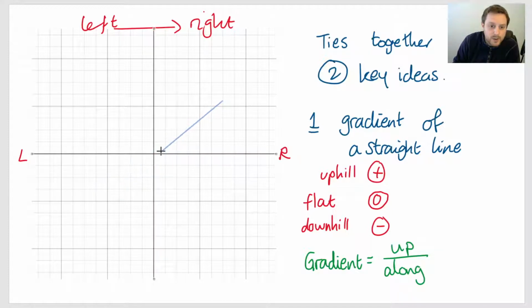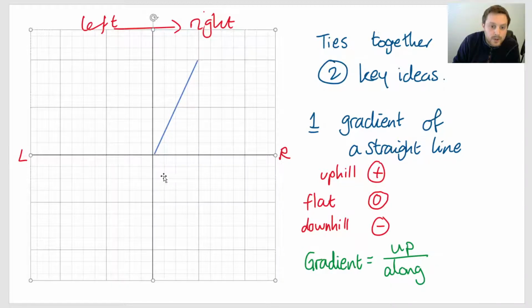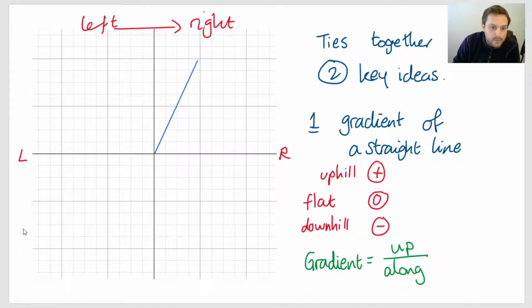So I might actually just quickly show you that. So here, we could say we've gone 3 along and we've gone 6 up. And if I do 6 divided by 3, I'll get 2, which is the same answer as if, for example, I'd gone 4 along. And how far up will I have gone? This time 8 up.